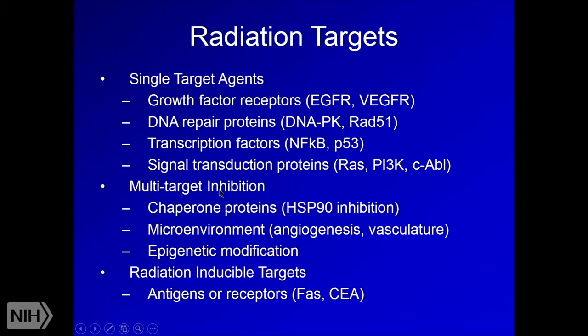Obviously, we all know about P53, and some of the signal transduction proteins. So there are certain drugs now targeting PI3 kinase, or PI3 kinase inhibitors and so forth. When we look at multi-target inhibition, we look at targeting chaperone proteins, the microenvironment through angiogenesis and vasculature, and then epigenetic modification, and then even some of the radiation-inducible targets, antigens or receptors such as the Fas ligand and CEA.